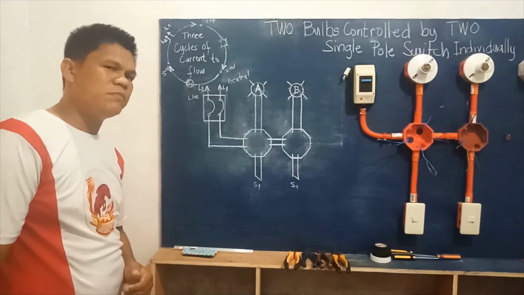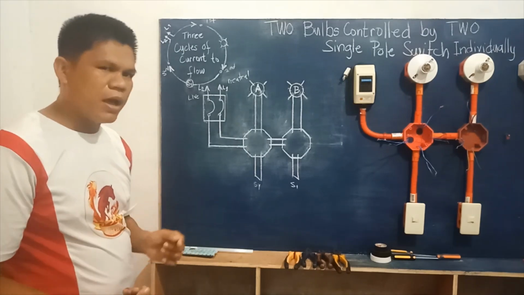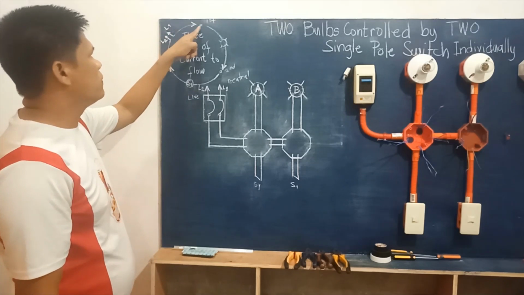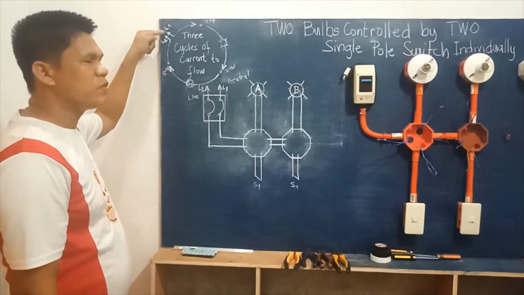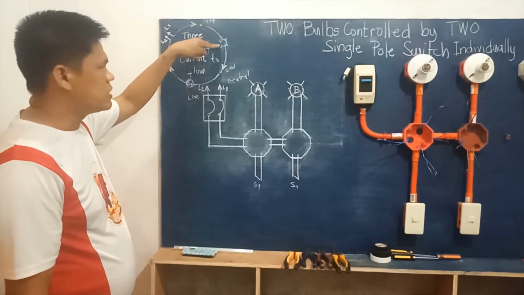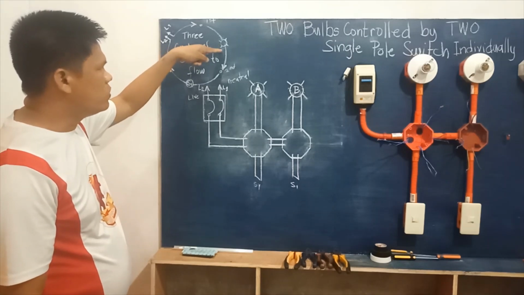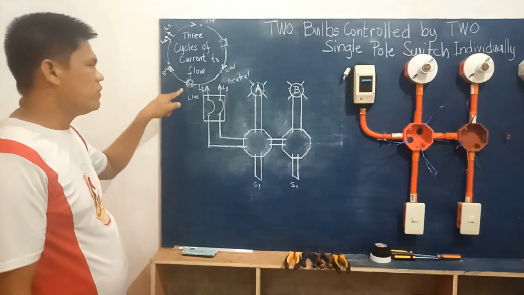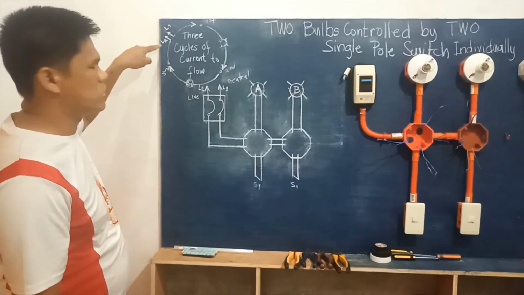Only bear in mind that in the first cycle, we have from the source going to the load. In the second cycle, we have the load to the control device. In the third cycle, we have the control device going back to the source line.